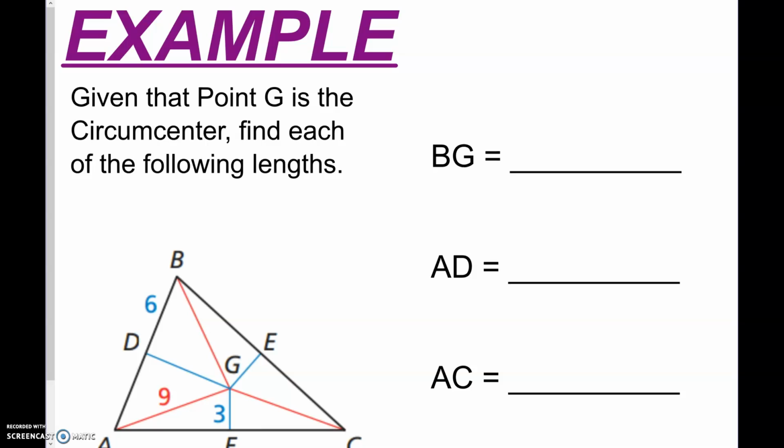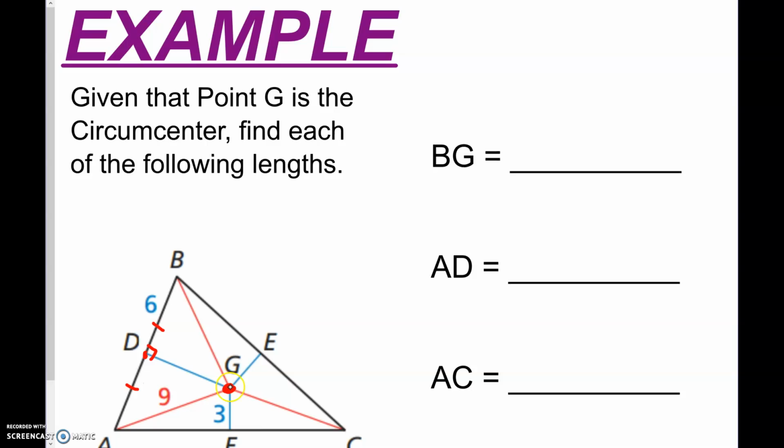Given that point G, they're telling us we constructed all of the perpendicular bisectors because this circumcenter right here, point G, is there. So that means all of these blue lines, that point D, this is perpendicular, and this is congruent to that. Find each of the following lengths.